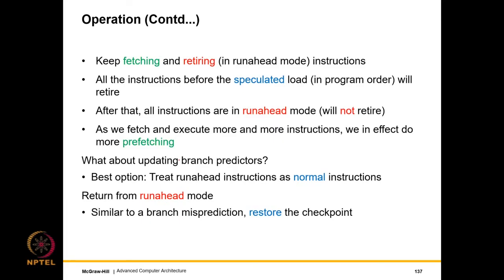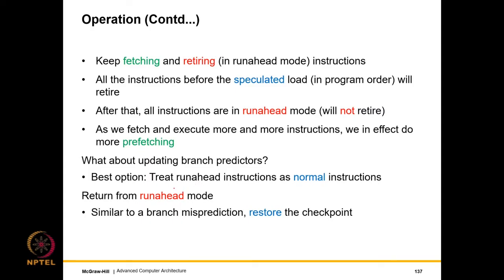Operation continued. We keep fetching and retiring in run ahead mode instructions. All the instructions before the speculated load, the one that missed in the L2 cache, will retire. After that, all instructions enter the run ahead mode, which means they will not retire, they will not commit. As we fetch and execute more and more instructions, in a sense we are doing prefetching.